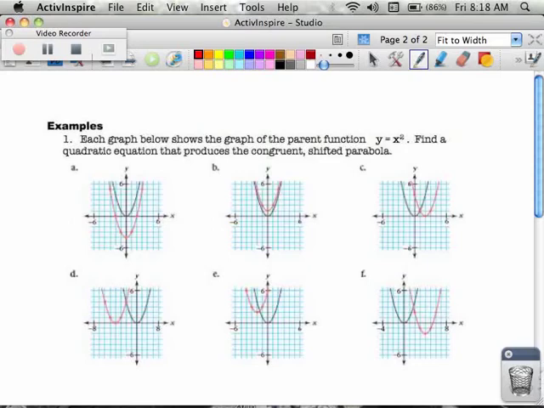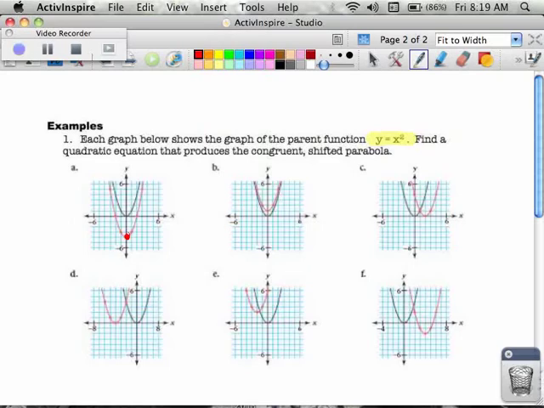It's the parent graph. It's the graph of y equals x squared. And what we're going to do is we're going to talk about what happened to it and rewrite it with its transformation. So in letter A, what I noticed is that this vertex has dropped down 4 units.